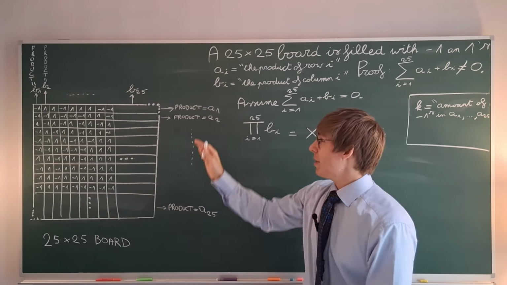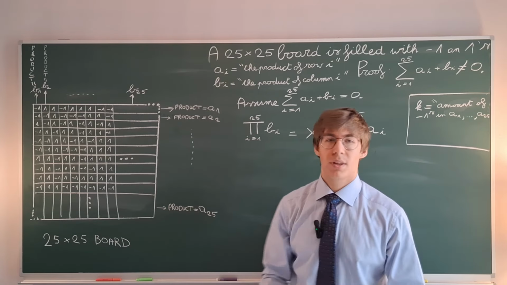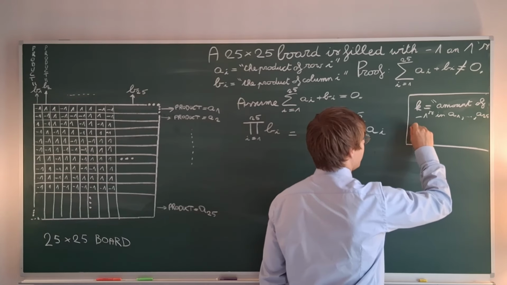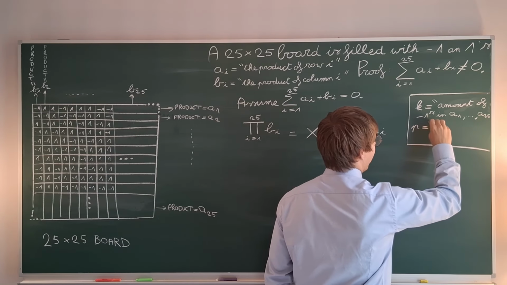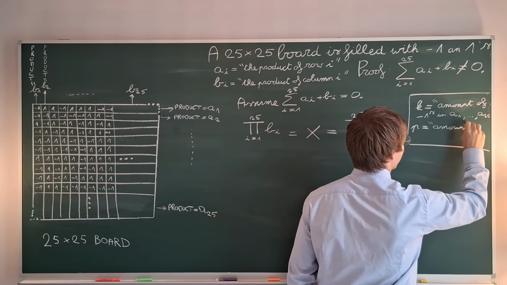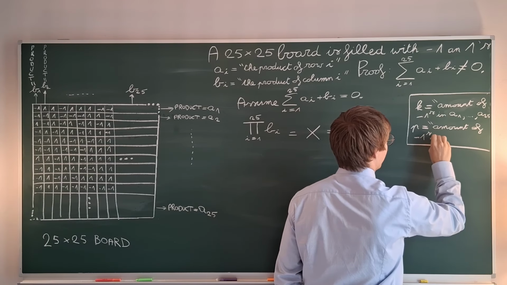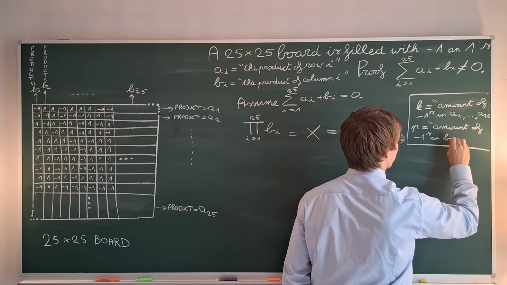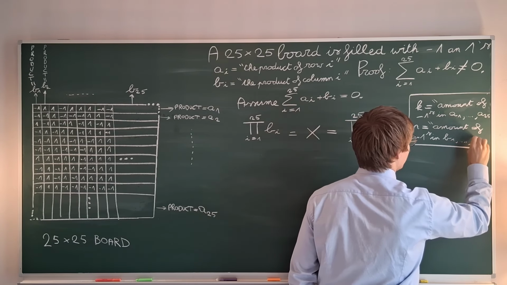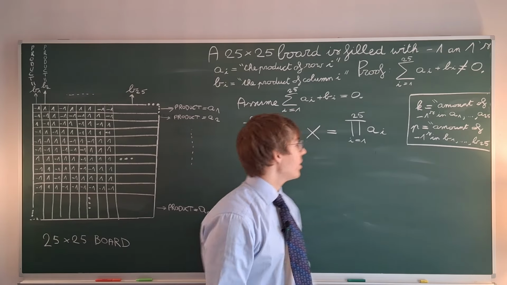So we just count how many times one of these values is equal to minus 1. And we call P the same value for B: the amount of minus ones in B1 to B25.